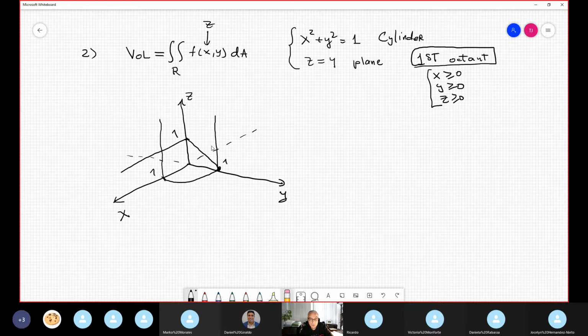This is the point 1, and this is 1. Okay, this is the plane. So the plane intersecting with the cylinder forms one figure like that, I suppose. Let me try to do my best. Look, here it's connecting, touching. So I suppose that this is the roof of the solid, and the wall of the solid is something like that.